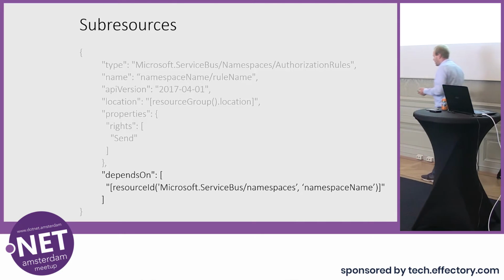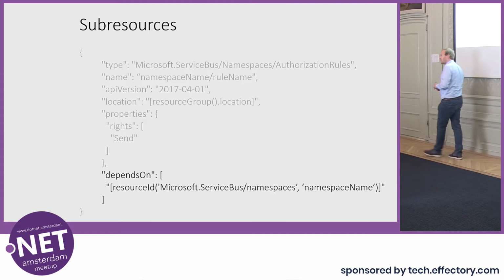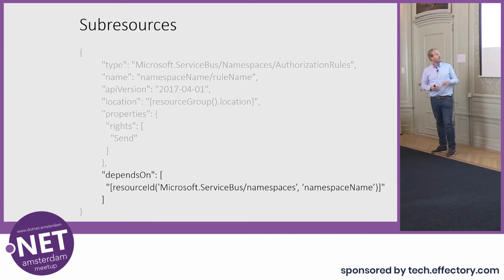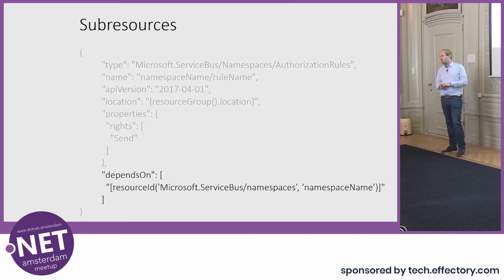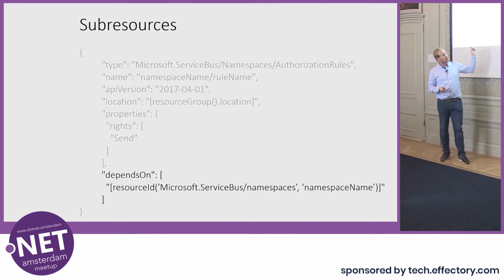Now you think that Azure can deduct this on its own. Actually it can, because when you don't add it, it's going to complain and say that you have to add this. But you have to make them explicit yourself. You're not restricted to containing resources. You can also depend on something else if you want to ensure some kind of ordering.